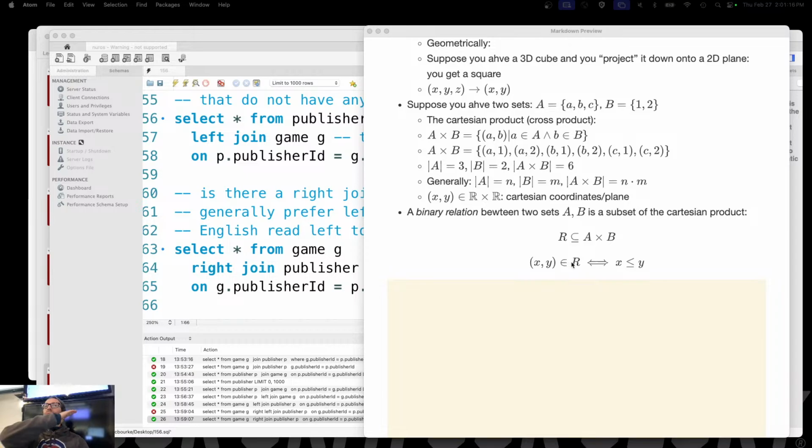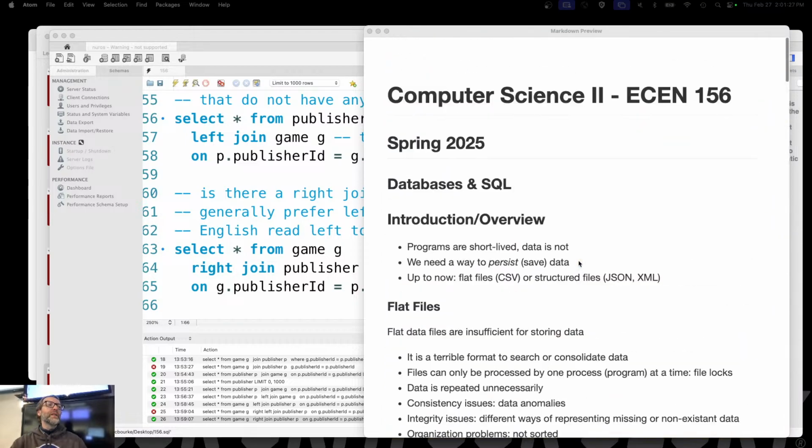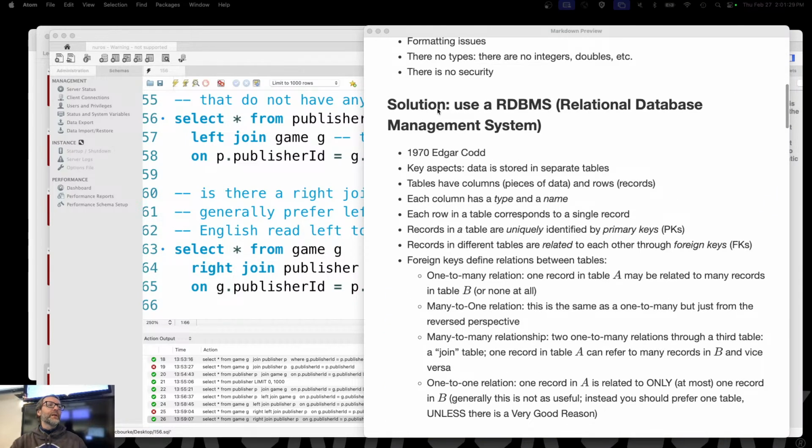So you can look at this as a diagonal line on the real number line, and then you're looking at everything above it. Okay, that's a relation. Now do we understand why we call these relational database management systems?